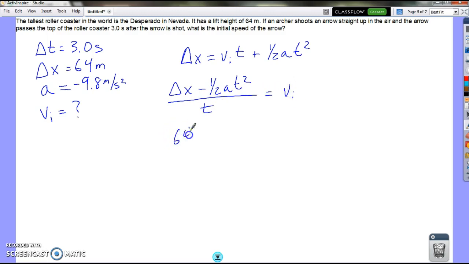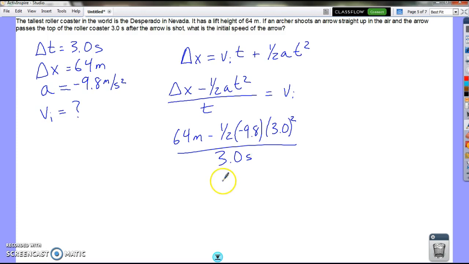We've got 64 meters minus 1/2 of negative 9.8 times our time, which is 3.0 seconds squared, divided by 3. And we discover that VI is equal to 36 meters per second. We have 64 meters, that is 2 sig figs. We have 3.0 seconds, that is 2 sig figs. So our answer is 2 sig figs.